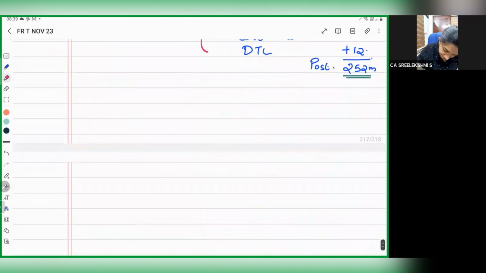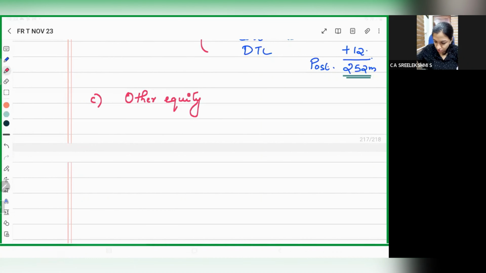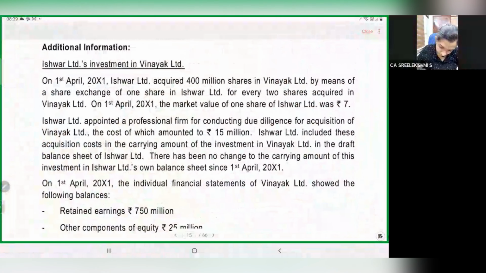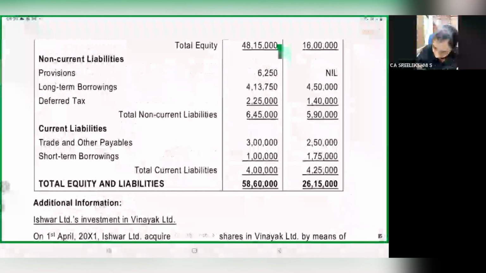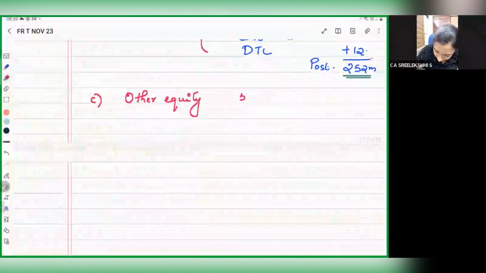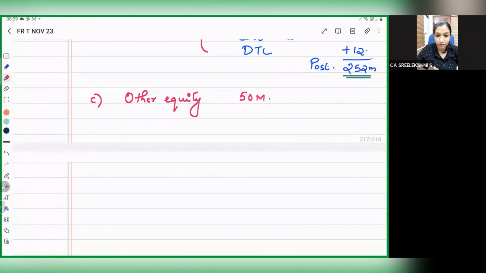Then next, we see what is C? Other equity. How much is other equity? Other equity 50,000, which means I should take, now it's clear, 50 million. Opening balance.